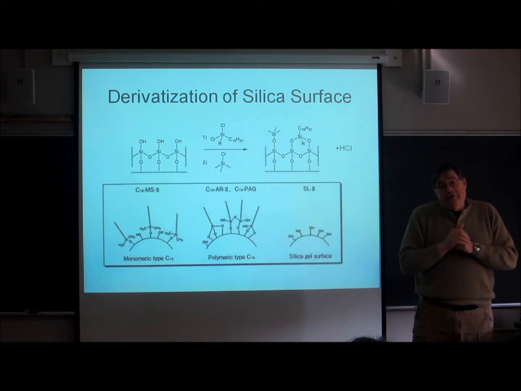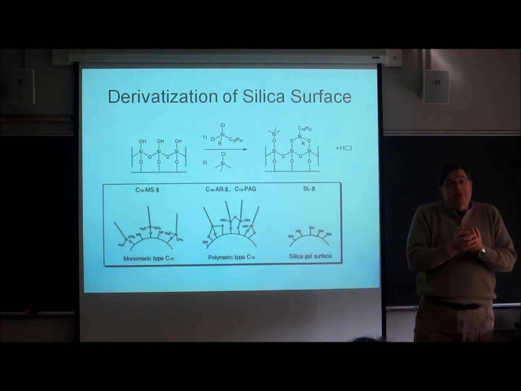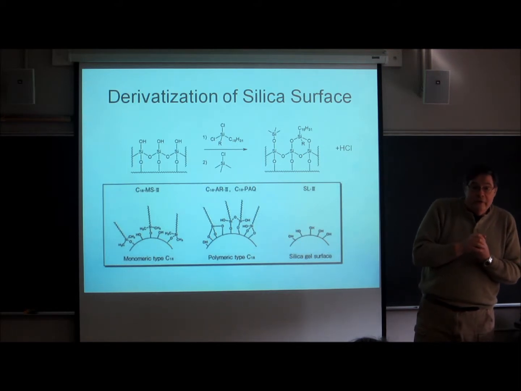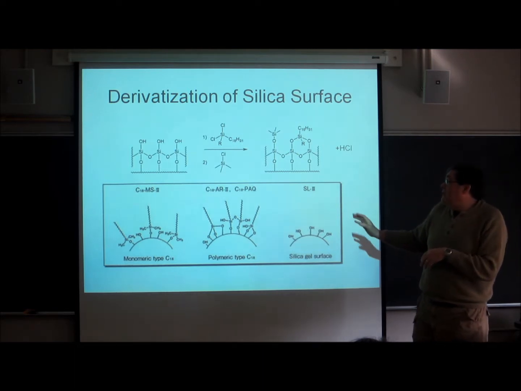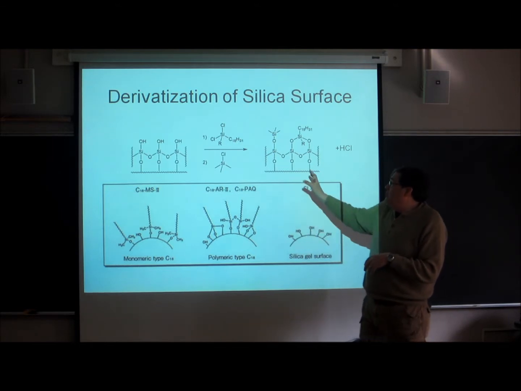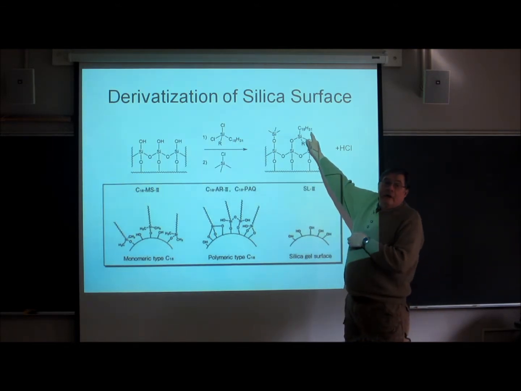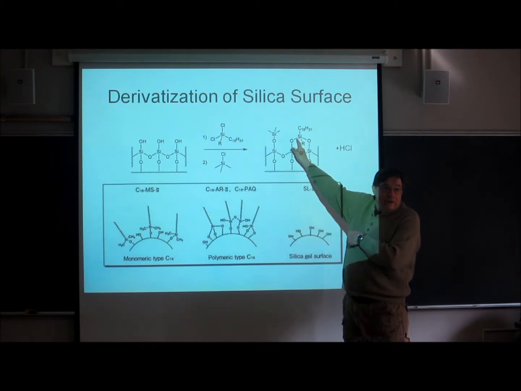And the other sites are still there as OH sites. And they're very polar. Remember that silica just by itself is what we call a normal phase material. Highly polar, it attracts polar species. What we're trying to do here is to take the silica and use it as a foundation to build a reverse phase surface, an oily phase on top.